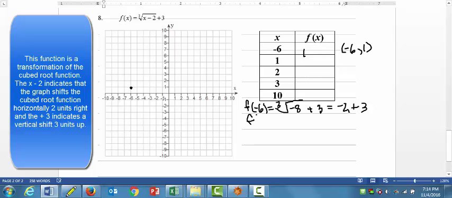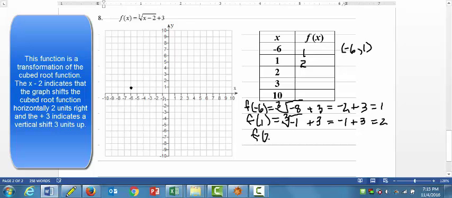If x is 1, I get the cube root of negative 1. 1 minus 2 is negative 1, plus 3. So negative 1 plus 3 is 2. So I get a 2 when x is 1.